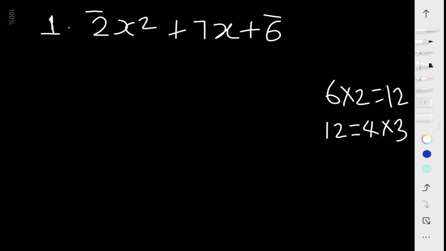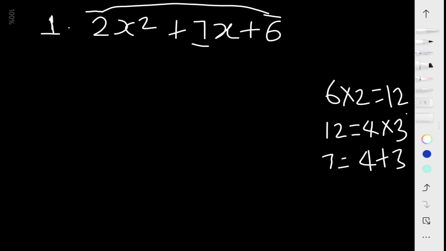Now you can see 4 into 3 equals 12, same as 6 and 2 equals 12, and 4 plus 3 equals 7. You can see here is 7.